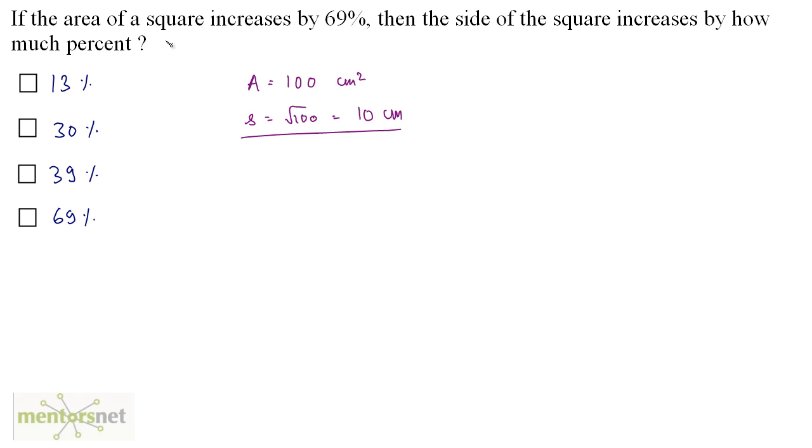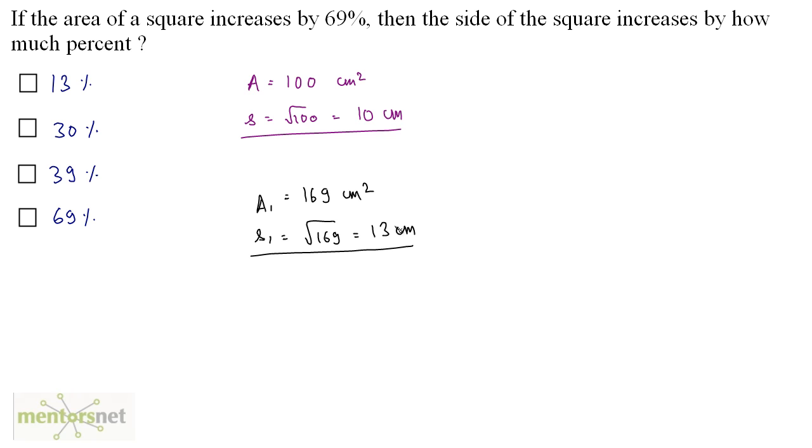Now we are increasing the area by 69%. So the new area will be equal to 100 plus 69, right? So 169 centimeter square. Now the new side will be equal to under root of 169, and that is equal to 13 centimeter. So new side is 13.